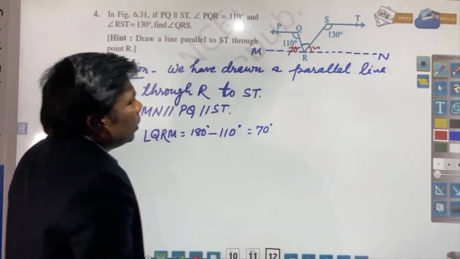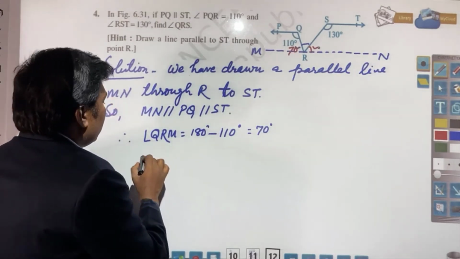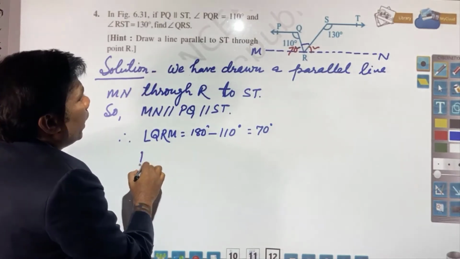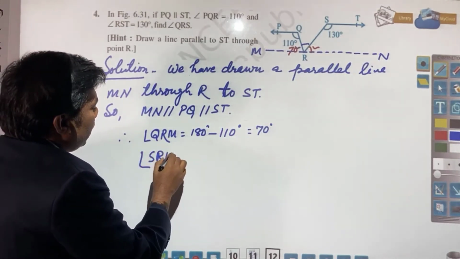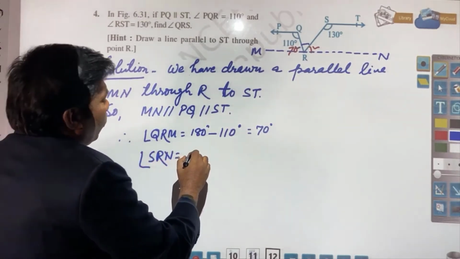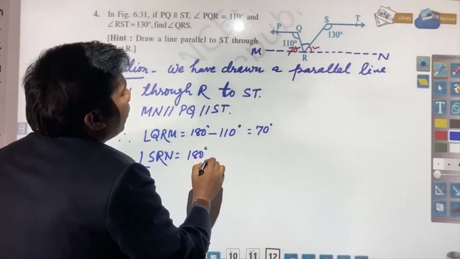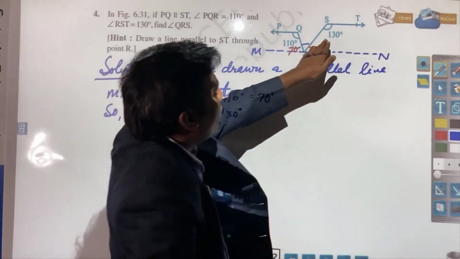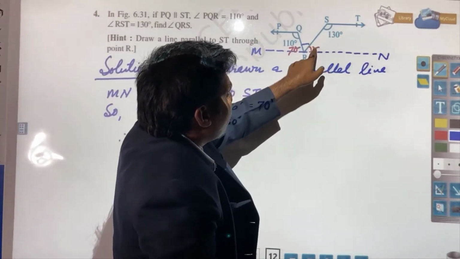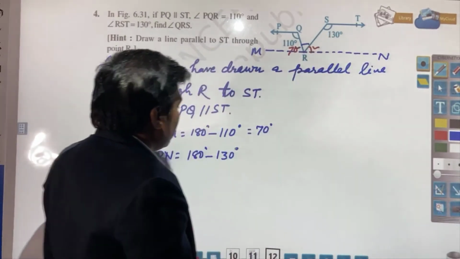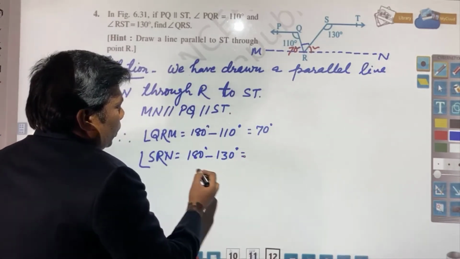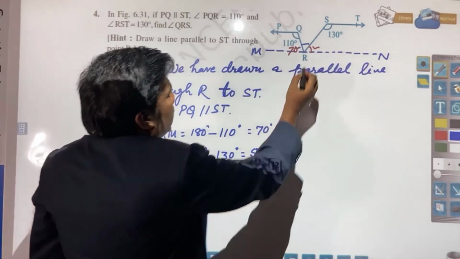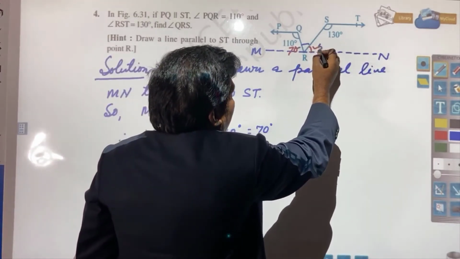This can be said angle SRM will be 180 degree minus 130 degree. They are interior angles, and that's why the sum of these angles will be 180 degree. So here you will get 50 degree.